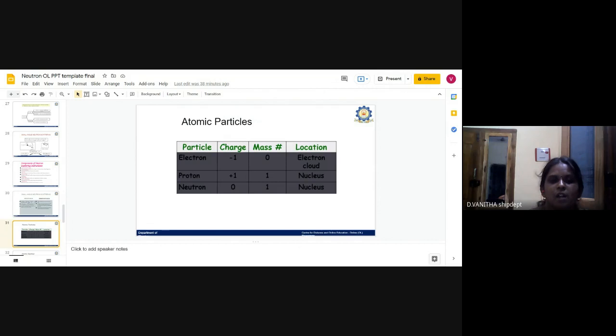So, we conclude that the atom consists of three types of particles: electron, proton, and neutron. The charge is different, but for the neutron, the charge is equal to zero. It is a chargeless particle.